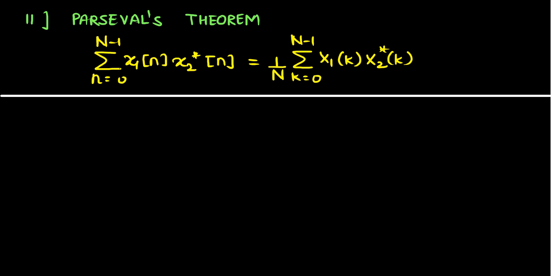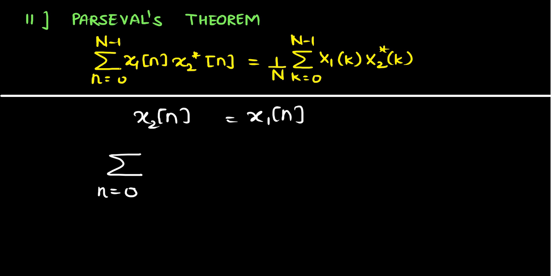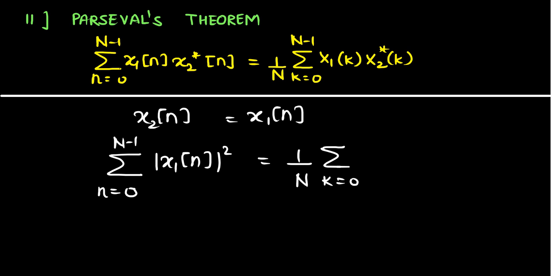And we had seen that if we have this x2 of n equal to x1 of n, then at that time what we get is summation n running from 0 to N minus 1 mod of x1 of n whole square is equal to 1 by N summation k running from 0 to N minus 1 mod of x1 of k whole square.